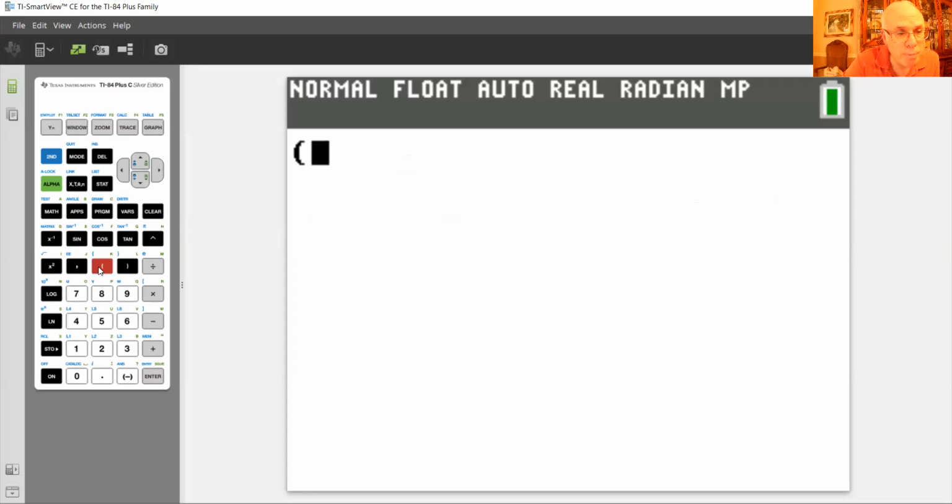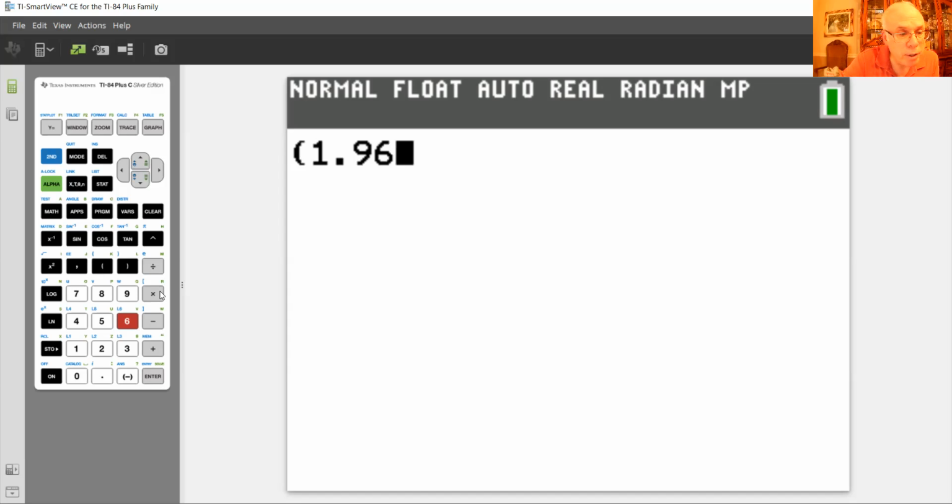So again, I'm going to open up a set of parentheses, and for the minimum sample size problem, the numerator is going to be Z times sigma. Z is the critical value, the standard normal critical value. It's 1.96 in this case because it's a 95% confidence interval, and 1.96 is the right endpoint for that. 18 is our estimated population standard deviation, which we got from a previous study.